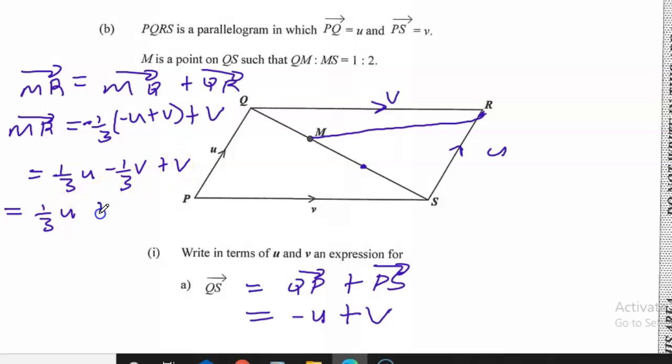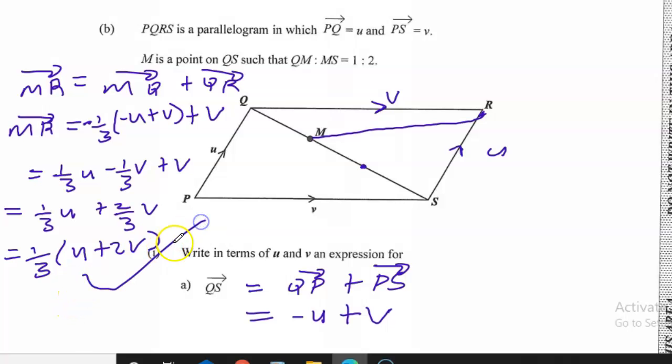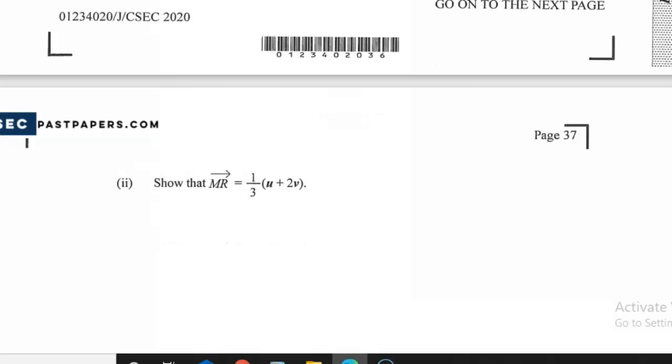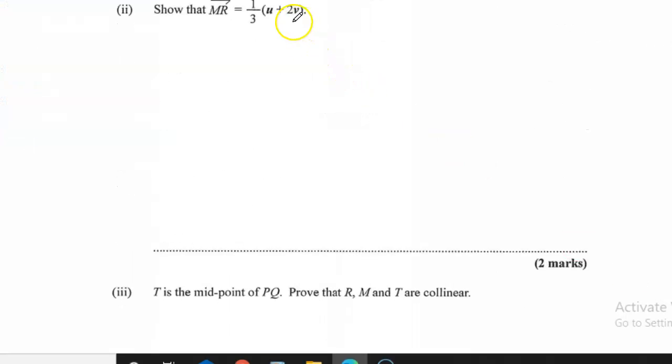That's positive 2/3, so 2/3 v. So if we factor out 1/3, we'd end up with u plus 2v, which is what we're asked to prove. So MR is actually 1/3 (u plus 2v). Remember, this was what we were asked to prove.